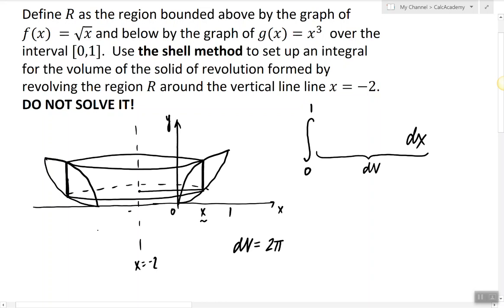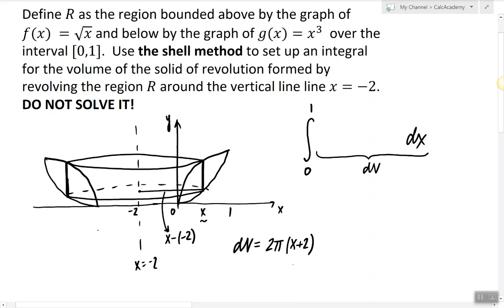The axis of rotation is at -2. The shell that we are looking at is at x. So the distance can be found by taking away -2 from x. So the circumference will be 2 pi times (x plus 2).